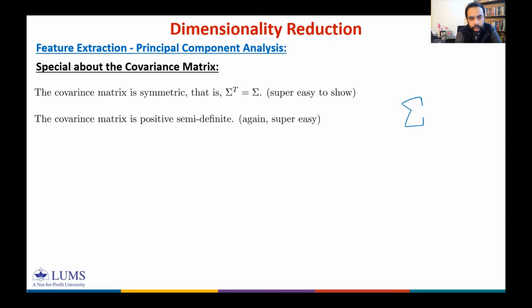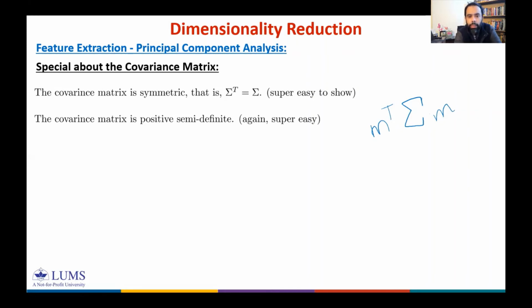you multiply this sigma. What is the size of sigma? D cross D. So you take any vector of size D, say, I use something which I have not used before, maybe M. M transpose Sigma M. So when you multiply the matrix with these two vectors, what do you get?